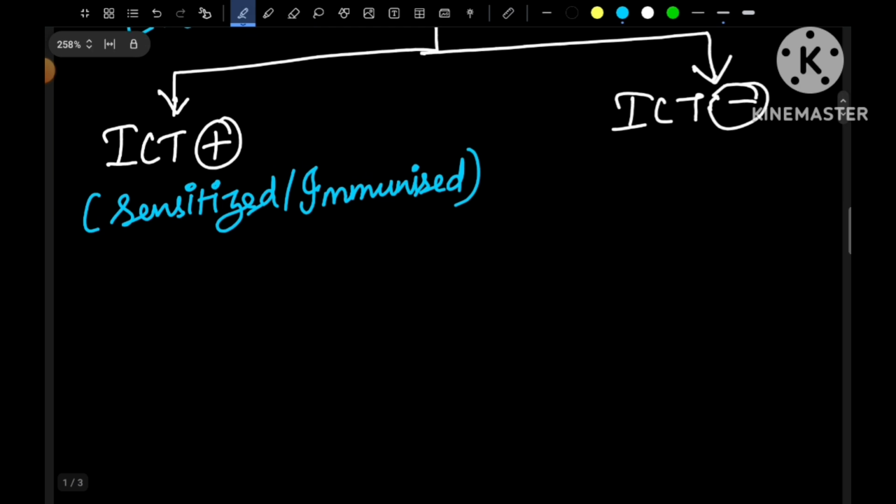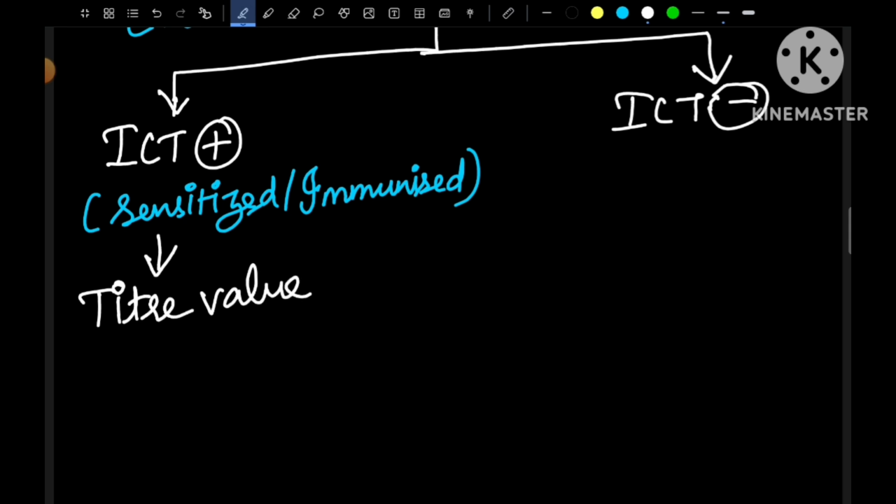First, what does it mean? We have to first see the titer values to differentiate this. So ICT is positive, then we have to see the titer value.